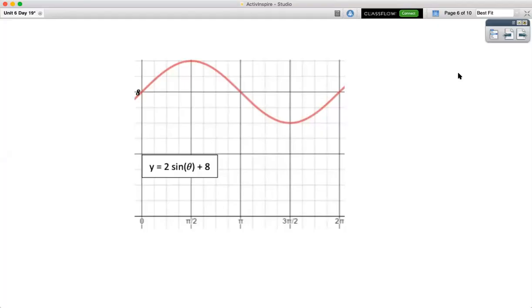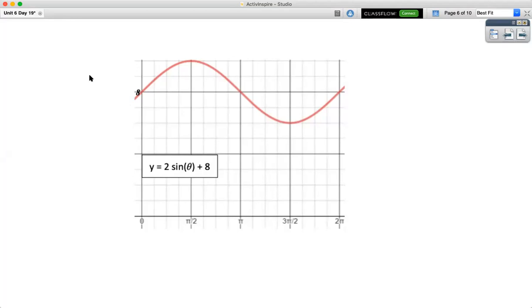So here goes. Take a look at this function now: y is equal to 2 sine theta plus 8. Now what's going on here? Well, a lot's going on here. Let's think this through.